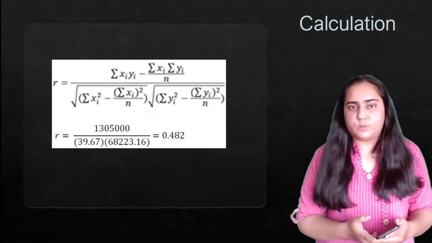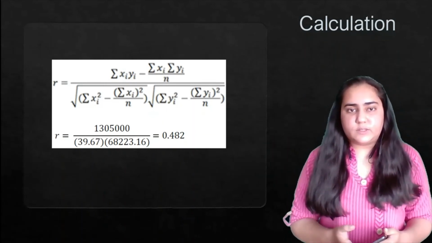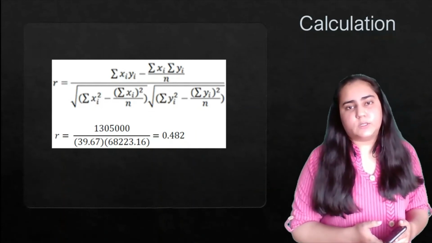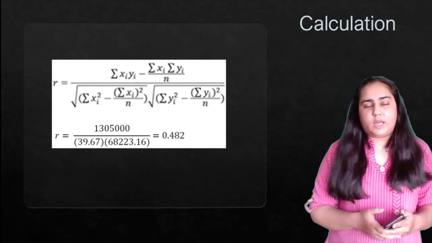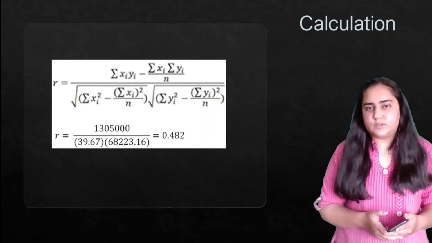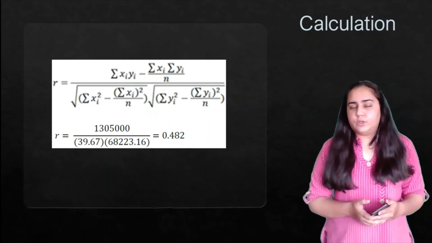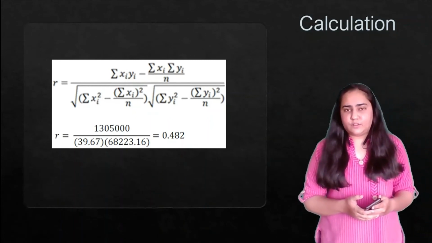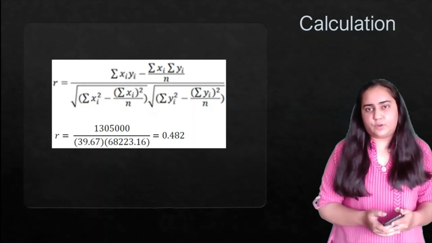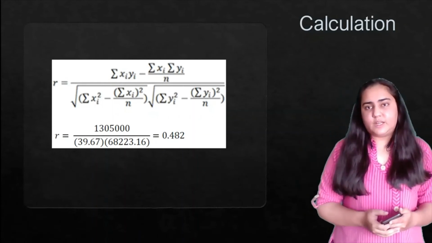And in the bottom part, we have 39.67, multiplied by 68223.16. And finally, you will get the value of R as 0.482. You can check this out for yourself. Try to calculate and see what the value of R is. So this is the value of R.